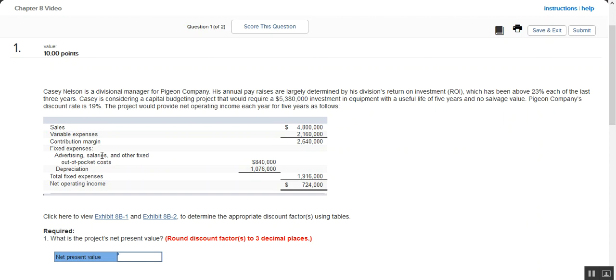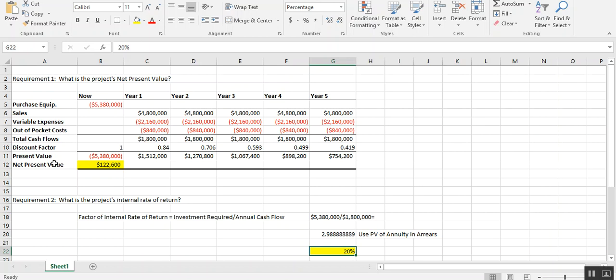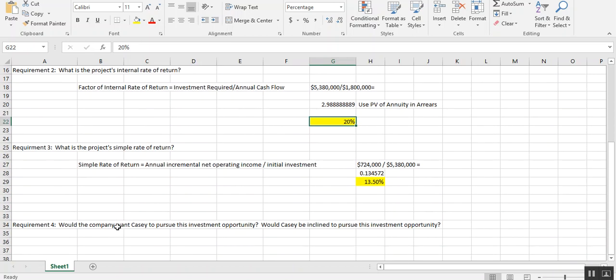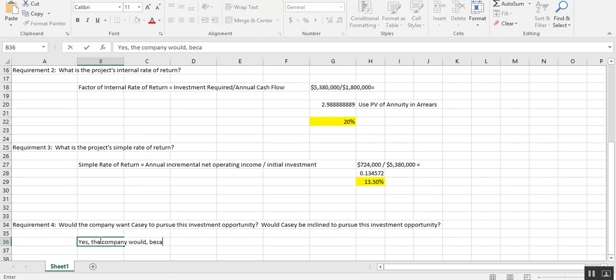So again, the company's going to come out good doing this investment. So if I were answering this question, would the company want Casey to pursue this? I would say yes, the company would, because their net present value is greater than 0. And their internal rate of return is greater than their discount rate.